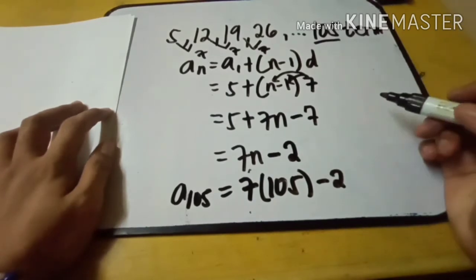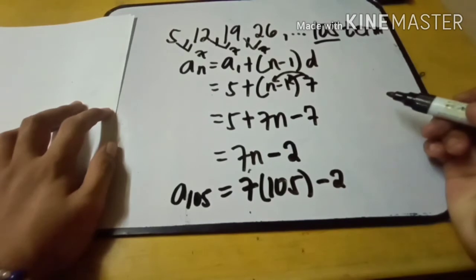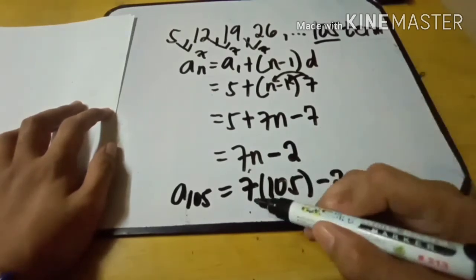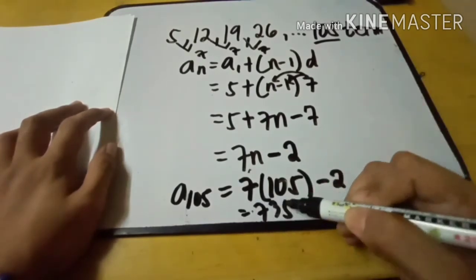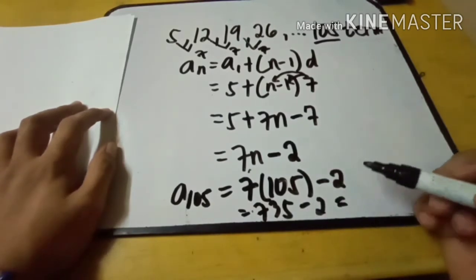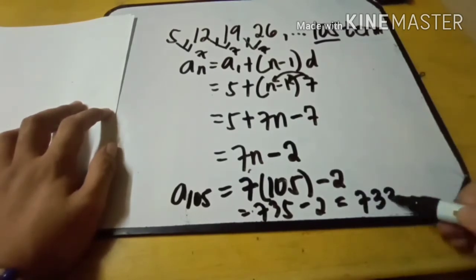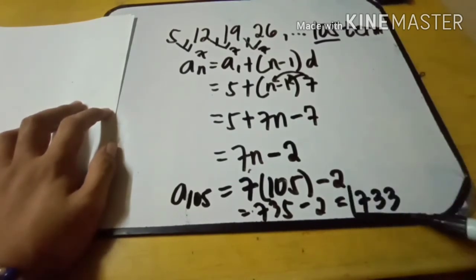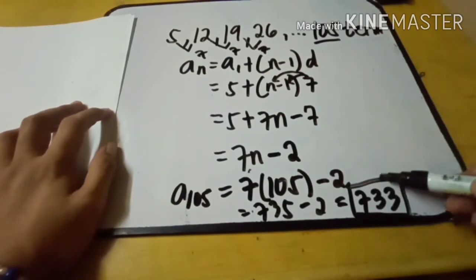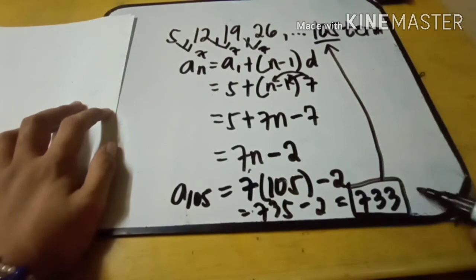So 7 times 105 will give us 735. So we'll have 735, then minus 2. Then 735 minus 2 will give us 733. Therefore, this value is the term in the 105th term. This is our answer.